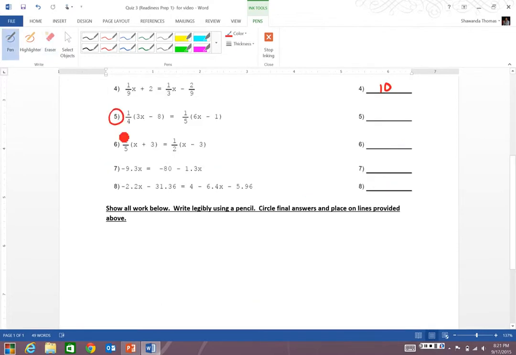Alright, number 5 also contains fractions. So again, when your equation contains fractions, determine the LCD. Okay, the LCD. So the denominators we're looking at, 4 and 5. What number can both 4 and 5 go into evenly?